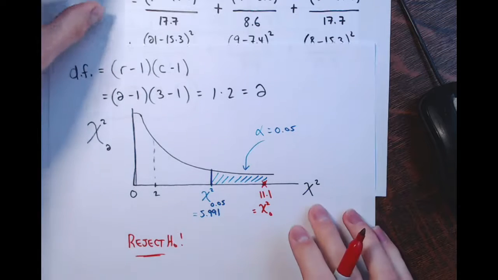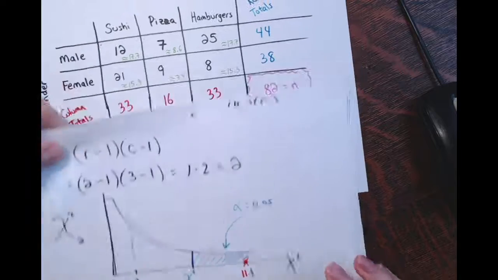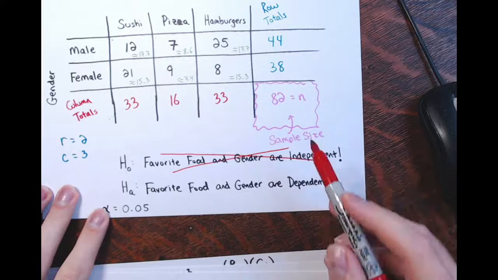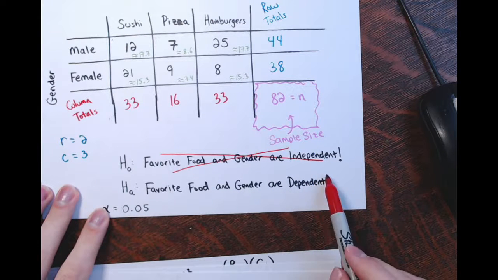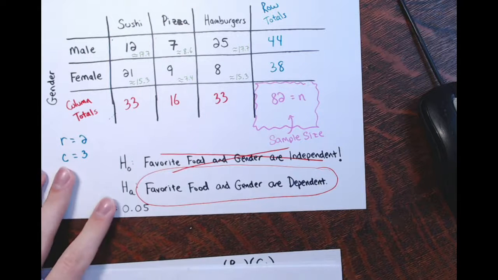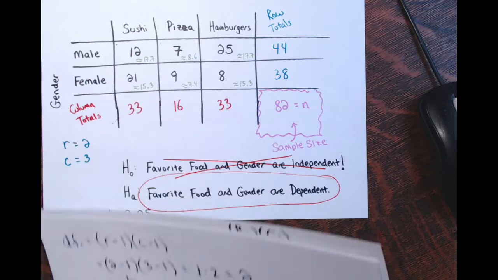If we go back to our hypotheses, we're going to reject this. So we're not going to say that favorite food and gender are independent. We're going to say that our evidence supports the statement that favorite food and gender are dependent. They are related or associated in some way. And that'll be our final conclusion.